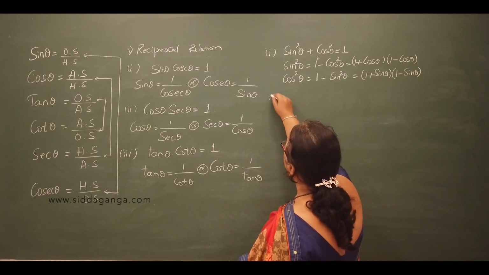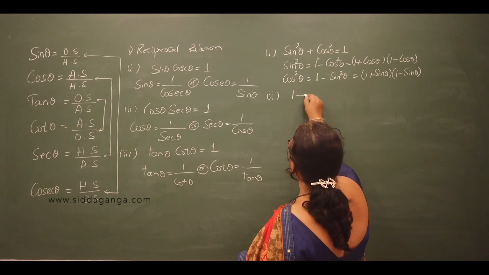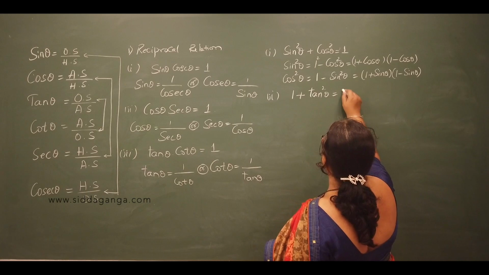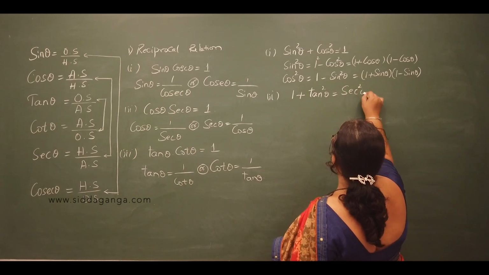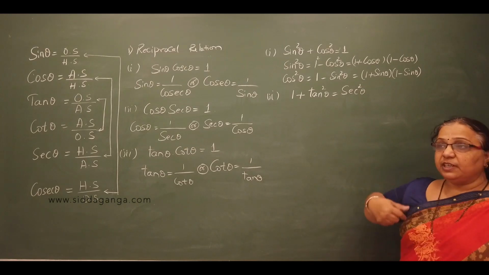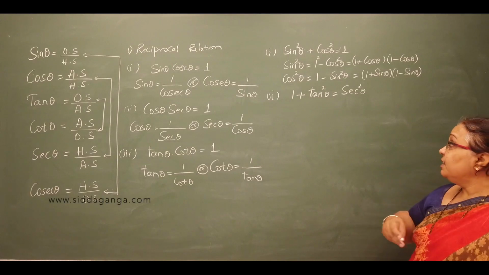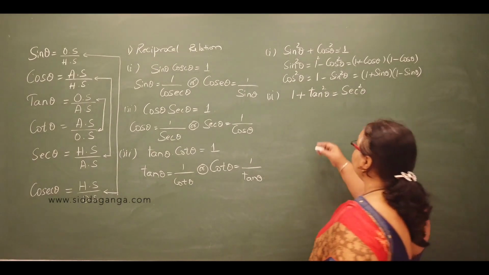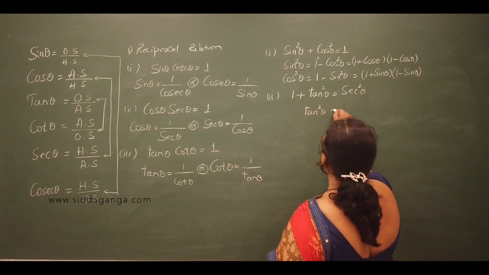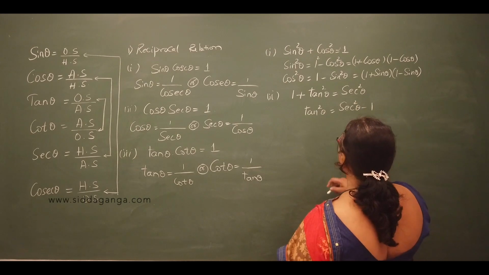Next, the second identity is 1 plus tan square theta equals secant square theta. This identity is also used while integrating the function, that is tan square theta. Therefore tan square theta equals secant square theta minus 1.